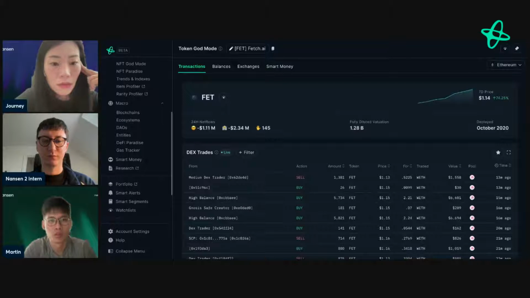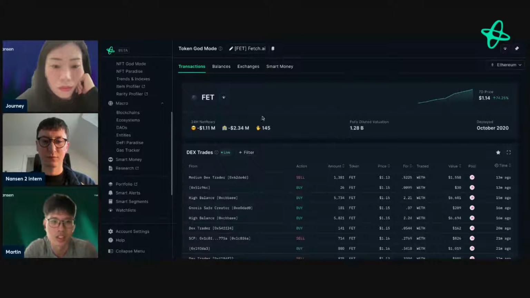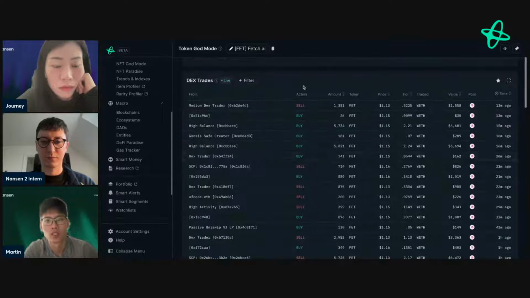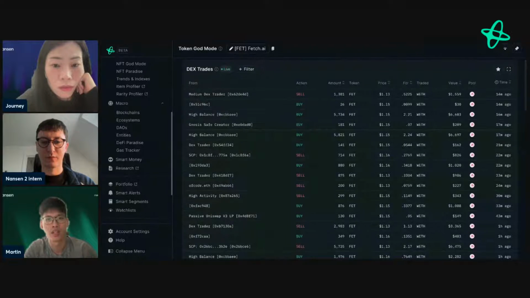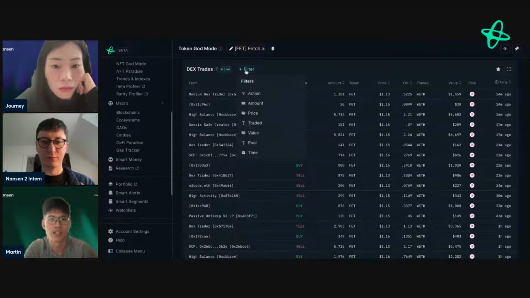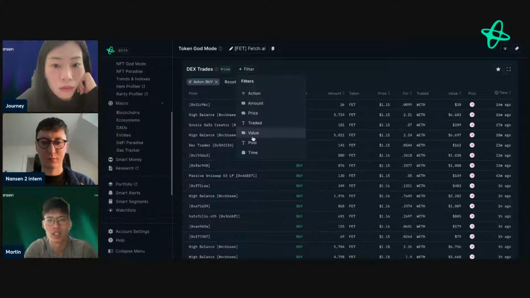So if I'm trying to look for an entry, I actually will use the DEX trades table, which is the table that you're currently on, quite a bit. For example, if the token is down 10-20%, I will look at the feed and try to see if there is anyone buying, and if there's any smart money in particular buying, or any funds or notable addresses.